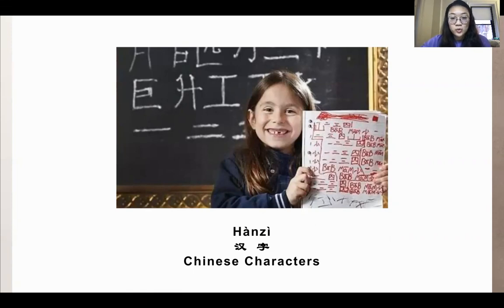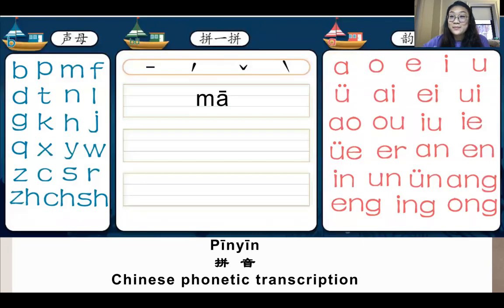But to help people learn the pronunciation of the Chinese language more easily, we also have pinyin, which is the Chinese phonetic transcription. This is to help you quickly learn the pronunciation of each character.